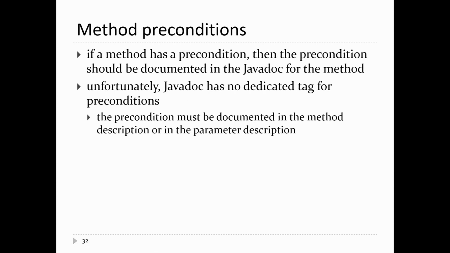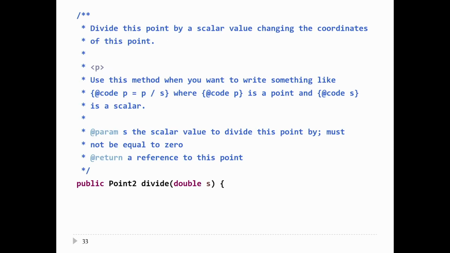So if a method has a precondition, then that precondition really needs to be documented in your Javadoc comment. Javadoc has no dedicated tag for preconditions. So normally what ends up happening is the preconditions are documented in the method description, or in the parameter description, or in the fact that the method throws an exception. For example, here's divide.